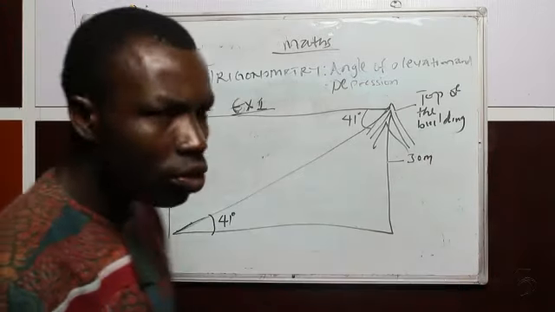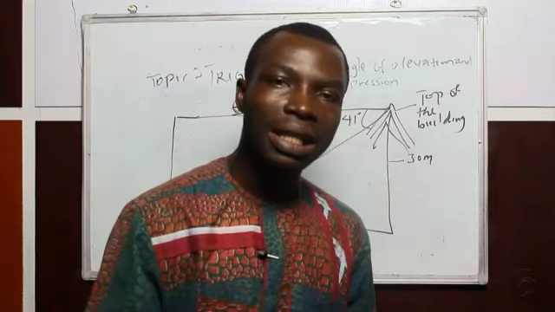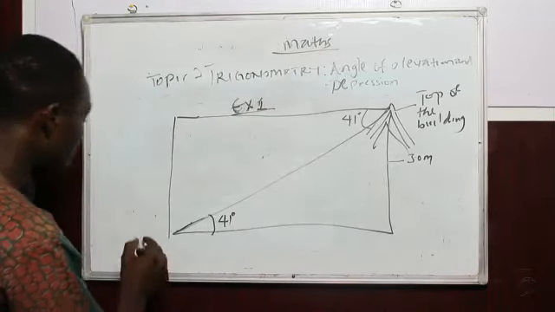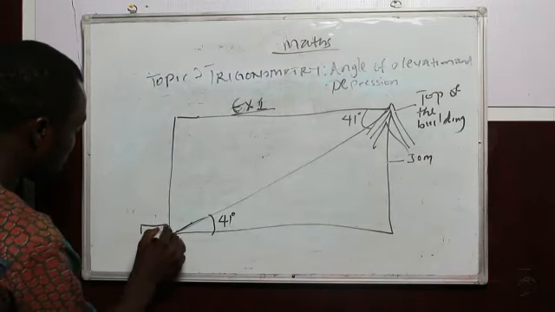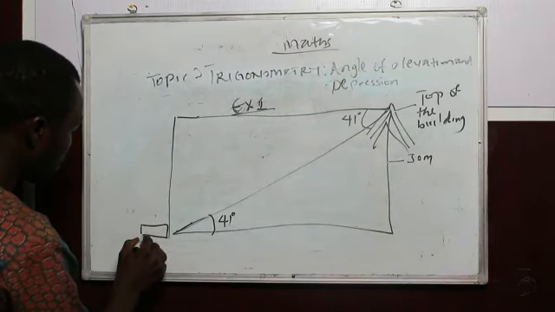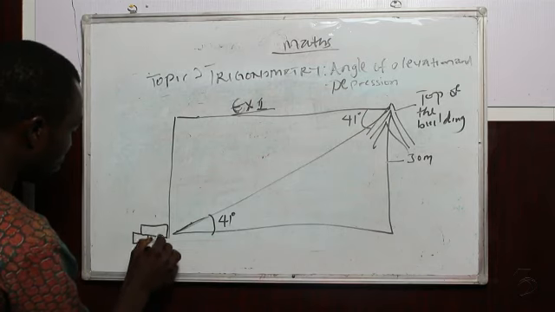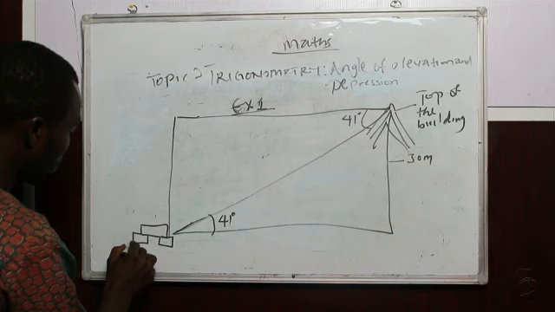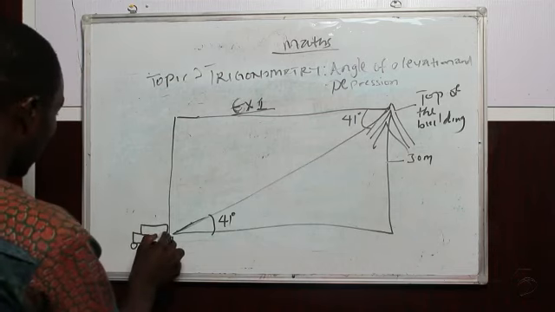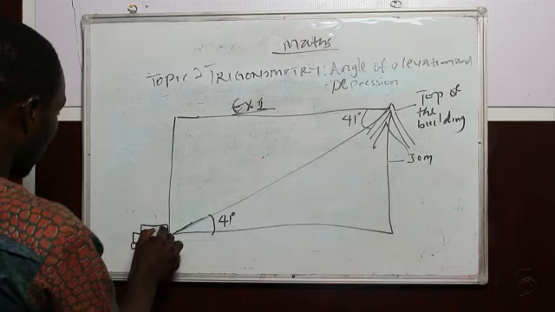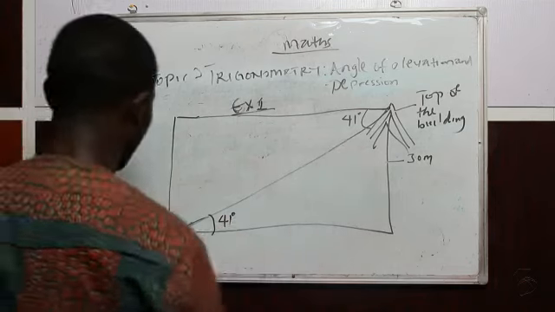Now, the next question asks us to find the distance between the car and the top of the building. This is where the car lies. This is the car, and this is the building.